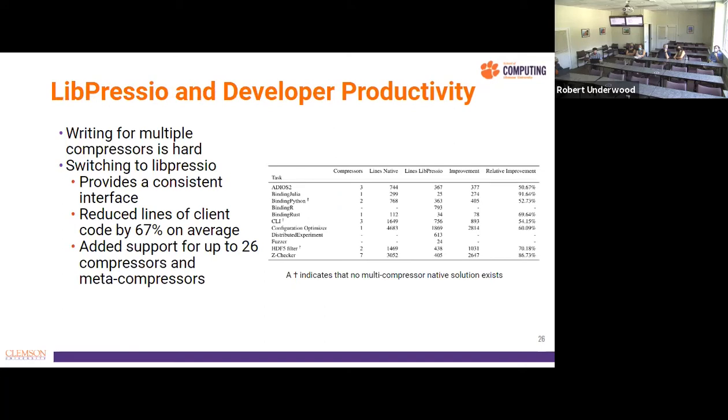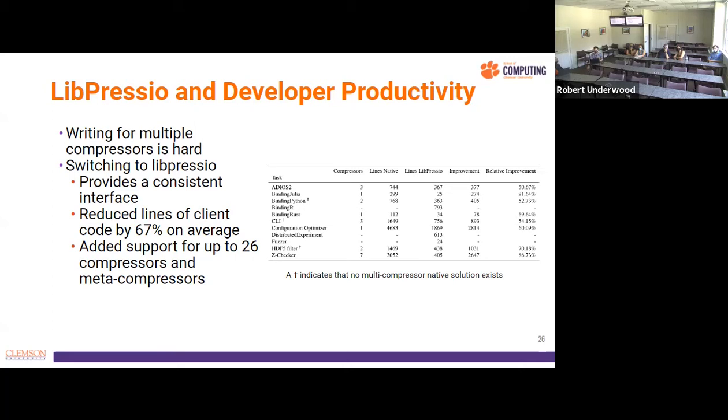So I will talk very briefly about developer productivity. Writing for multiple compressors is difficult for a variety of applications that I've looked at here, including things such as Audios 2, zchecker, HDF5 filter plugins. Across all of these different examples, creating them at feature parity with the ones that already exist, we were able to reduce the volume of code required to implement these components by 67%.